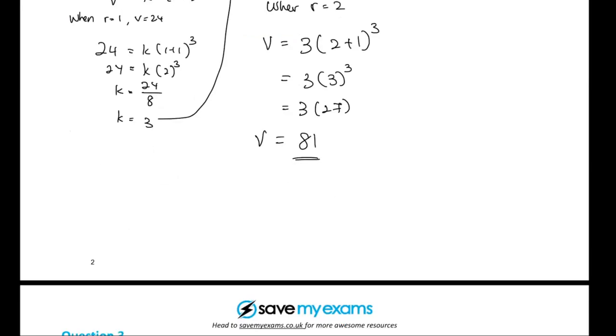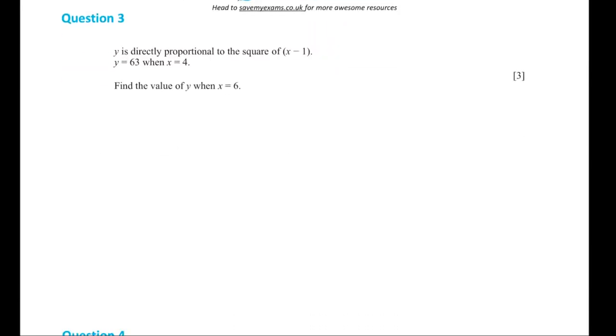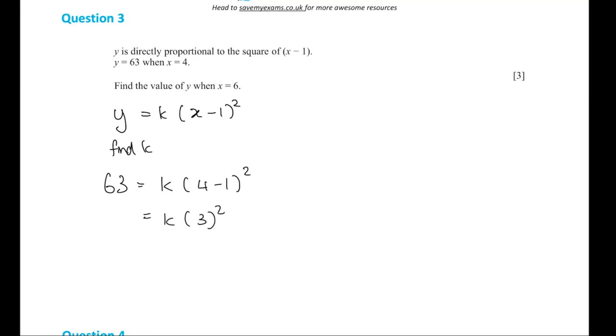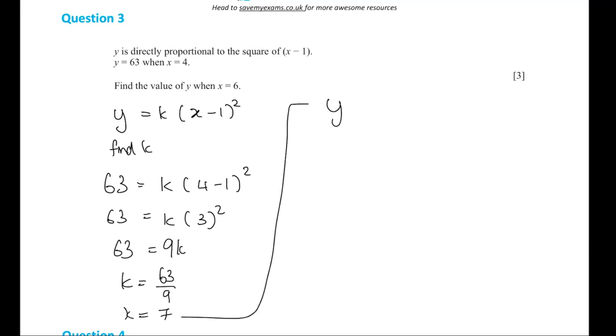Great. Next one. Y is directly proportional to the square of this. So find K. Y is 63 when X is 4. Rewrite your equation.